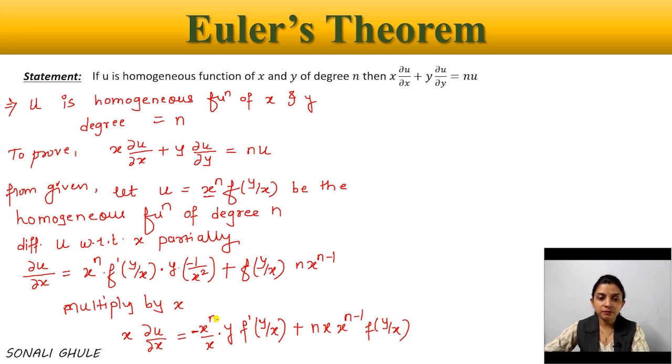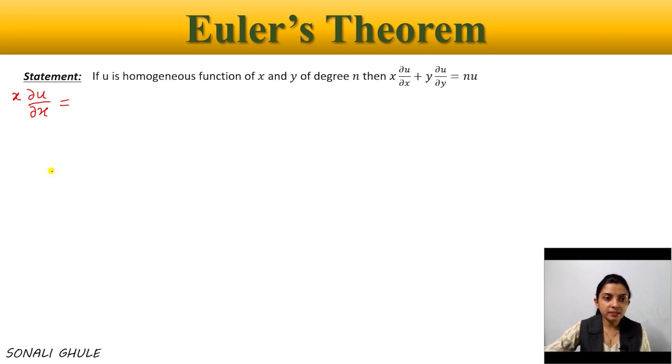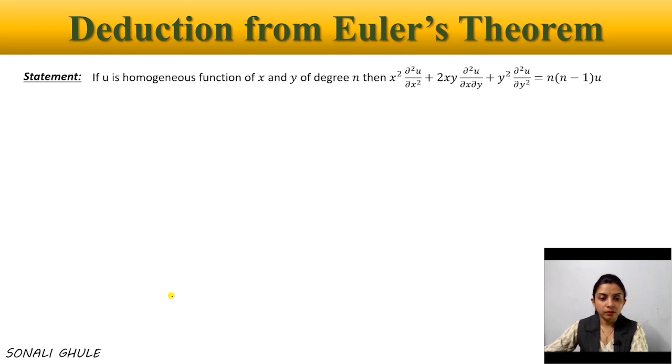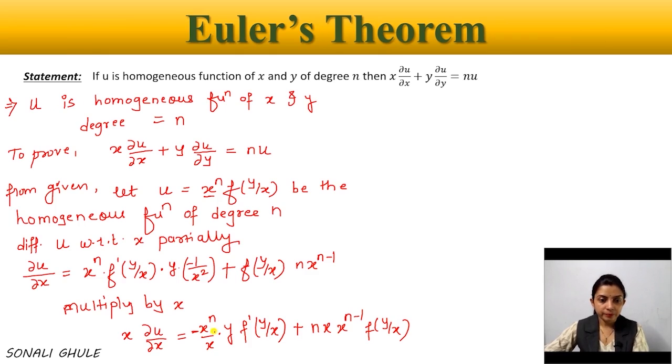So if I transfer this to the numerator, it will be x^(-1), right? So I can write this as minus x^(n-1). The base is same, so we can add the powers of that term, right? Next, the remaining terms I have to write: y into f'(y/x).